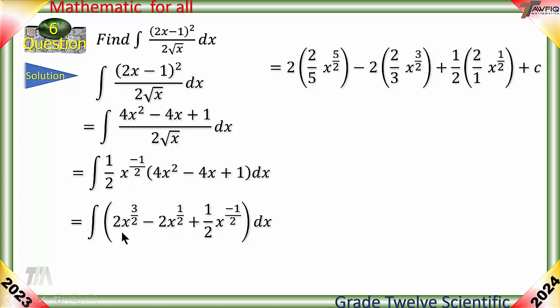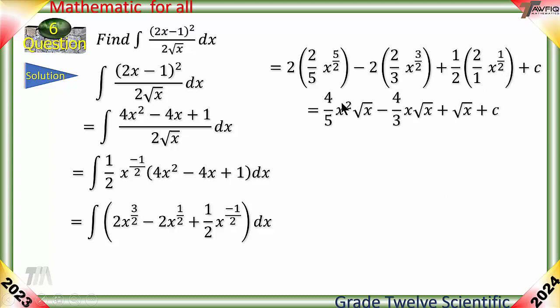The integration of 2x to the power 3 over 2 is 2 times 2 over 5 x to the power 5 over 2, minus the integration of 2x to the power 1 over 2, which is 2 over 3 x to the power 3 over 2, and the integration of 1 is x, plus c.